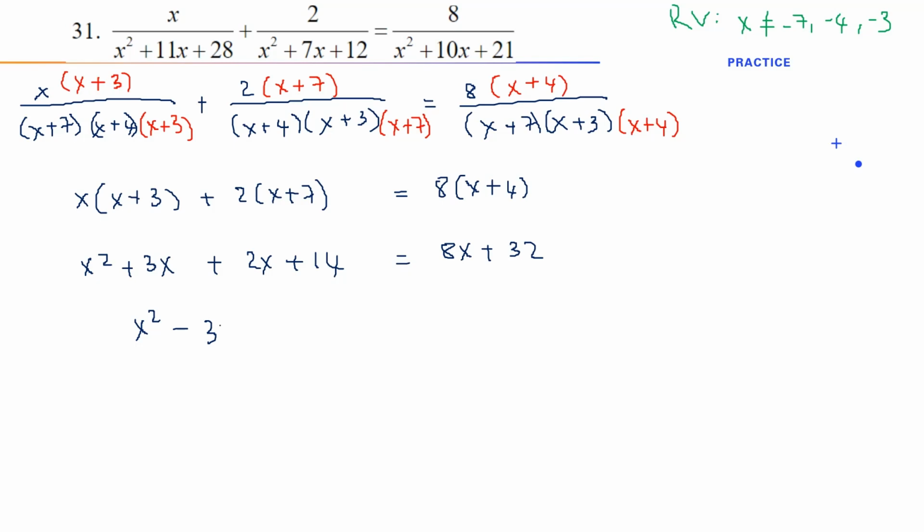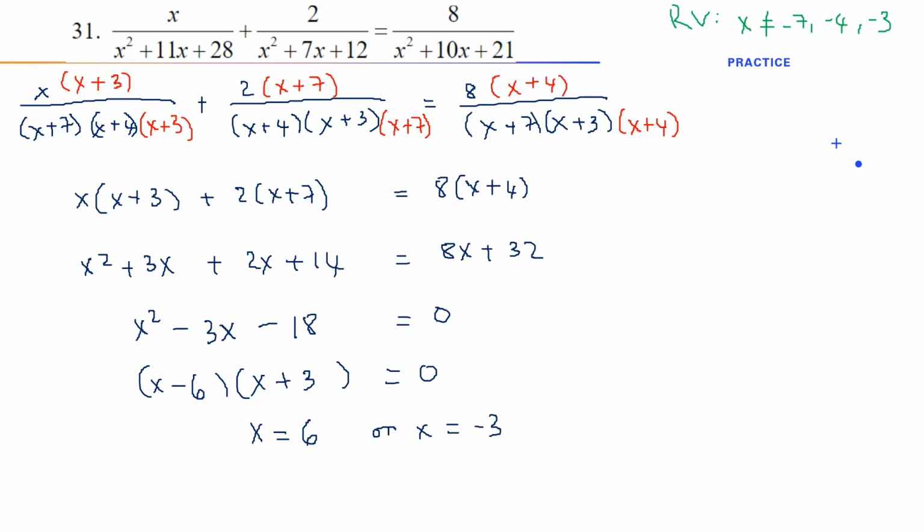Subtract a both sides. 5 subtract a, negative 3x. 14 subtract 32 is minus 18 equals 0. Now two numbers product is negative 18 and sum is negative 3, so negative 6 and 3. So x is 6 or x is negative 3.